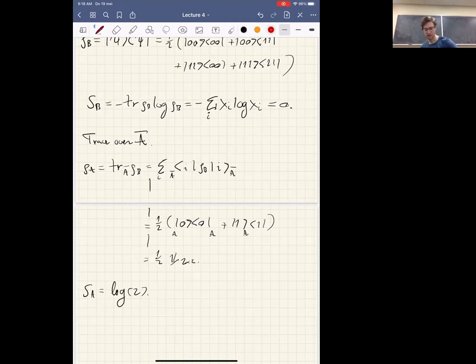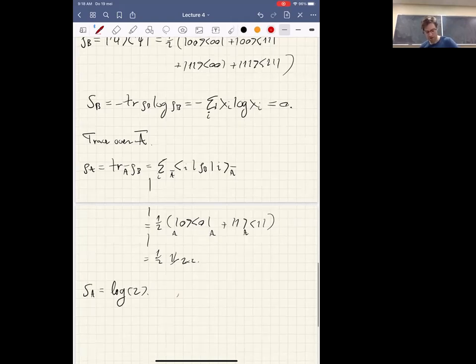Okay, so this gives an interesting interpretation of what this entanglement entropy is, because we typically think about the entropy as being proportional to the log of some number of microstates. In this case, because there's a log 2 appearing, this entanglement entropy gives the number of entangled qubits, which in this case was 2.